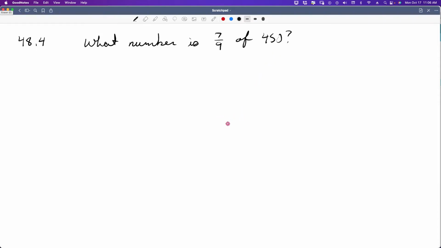I want you to pause the video now, and I want you to solve that yourself. Remember the parts. Find the variable. Find the equal sign. Find the multiplication sign. And put in all the values in between the equal and the multiplication sign.